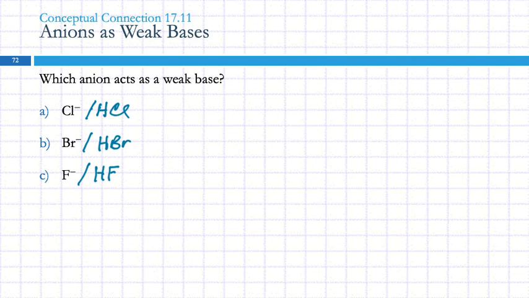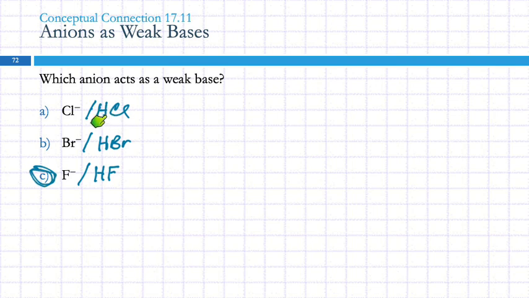In order for this to act as a weak base, should the acid be strong or weak? It needs to be weak. Well, which of these is a weak acid? HF.